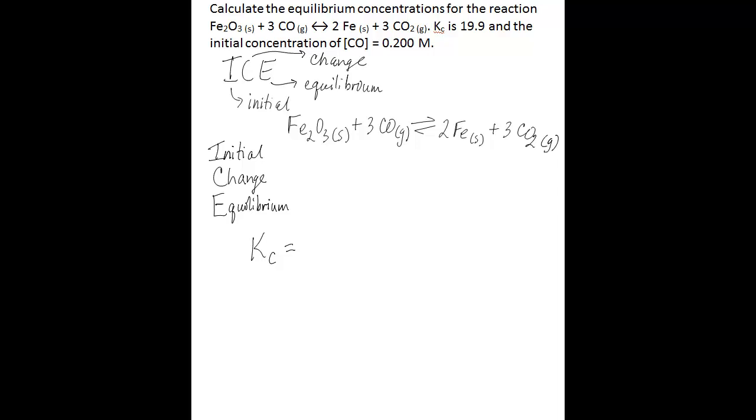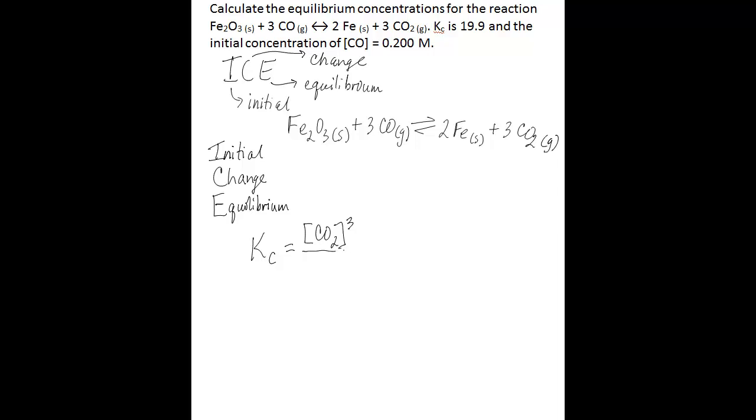So therefore, it's not going to be included in the equilibrium equation. So the only product that you'll include here is the concentration of carbon dioxide gas. And that will be raised to the 3rd power because carbon dioxide gas has the stoichiometric coefficient of 3 in the balanced equation. So that's the only product you'll include.